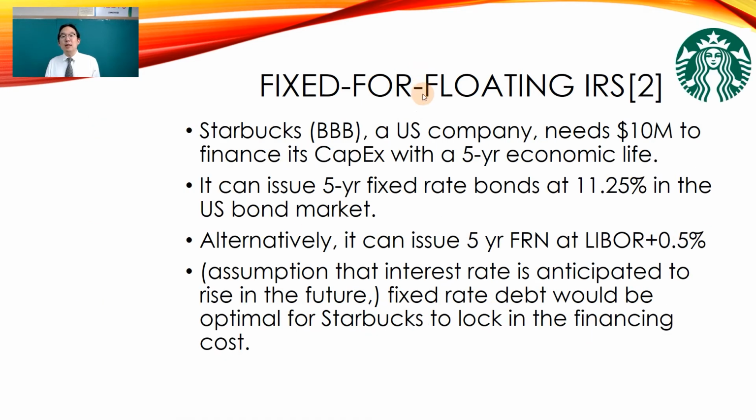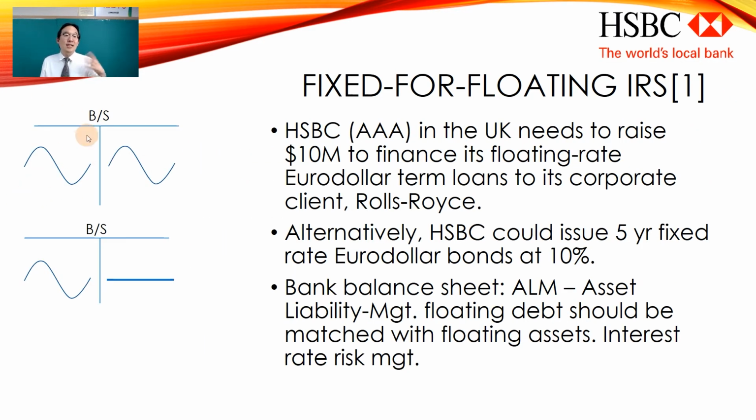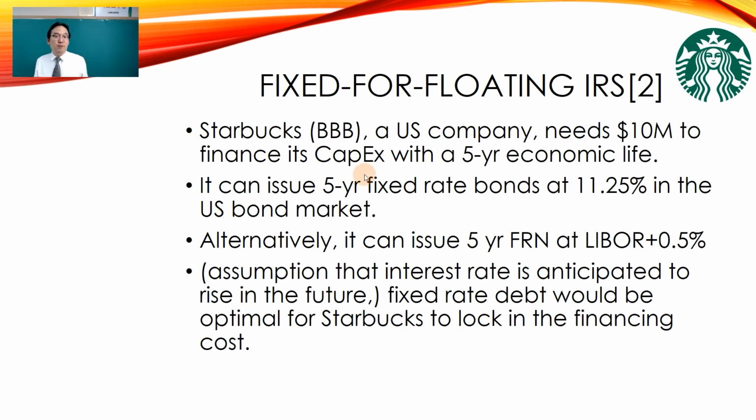Now the next slide is about Starbucks, right? What about Rolls-Royce? Forget about that. That's just the asset side or loan side of HSBC. What we are focused on is their liability side of HSBC as just a counterparty of a swap transaction over here. The other side of the counterparty is Starbucks. Starbucks, BBB rated, a US company.